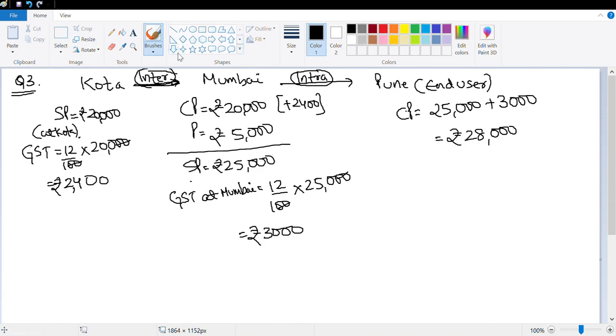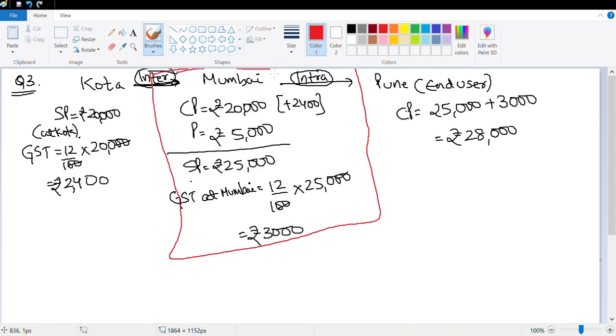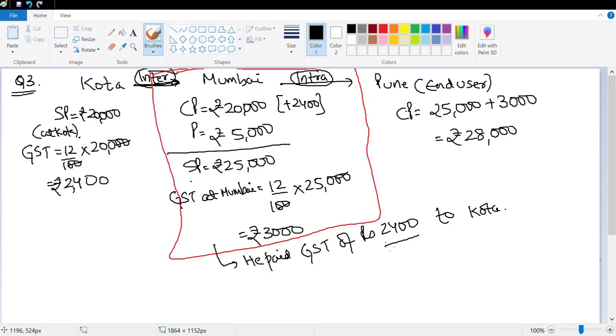Now let's look at the question from the perspective of the person in the middle, the guy at Mumbai. Yes, so he paid GST of rupees 2,400 to the person at Kota, and he received GST of rupees 3,000 from Pune.